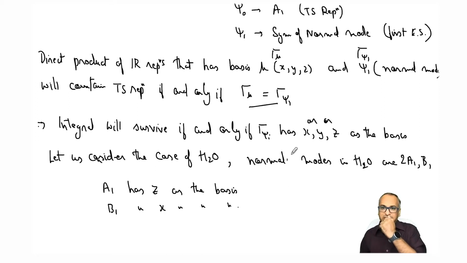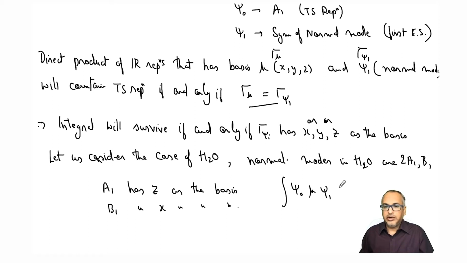So if I am now calculating the direct product of psi 0 mu psi 1, the integral psi 0 mu psi 1 d tau, psi 0 has a1 symmetry.